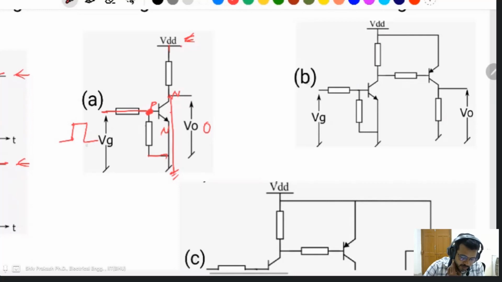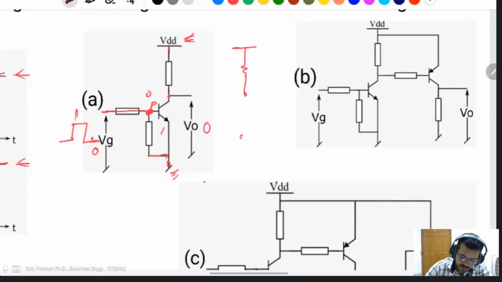And when this is 0, this will also be 0. Then this transistor will be turned off. In the off condition, this connection is not there. Then this terminal behaves like an open circuit.